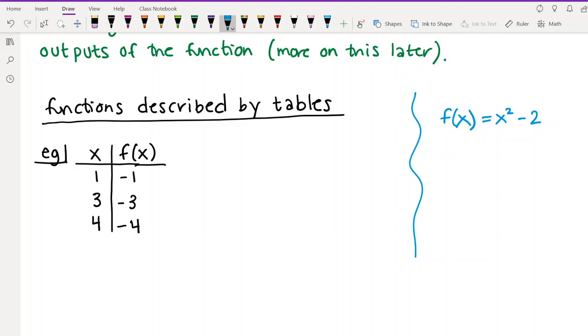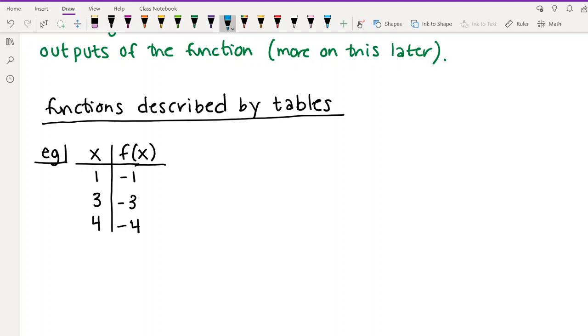You can pick out some values and make a table. That's not what we're talking about here. If you have a function that is defined or described by a table, that means that the information on that table is the only information you know about that function. Whatever is on this table, that is all we can say about this function.